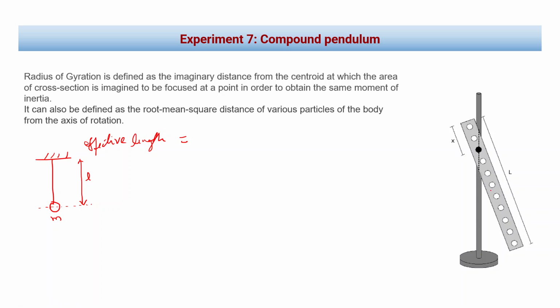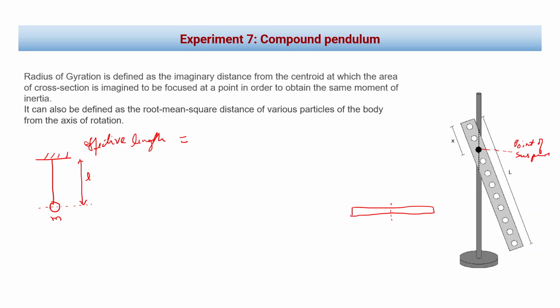If you see this compound pendulum here, this is a metal scale kind of thing. So at the center we will think, this is a metallic scale, and for it also the center of mass will be somewhere at the center, and then this is the point of suspension. This extended body or scale is suspended by this particular point, which is called the point of suspension.